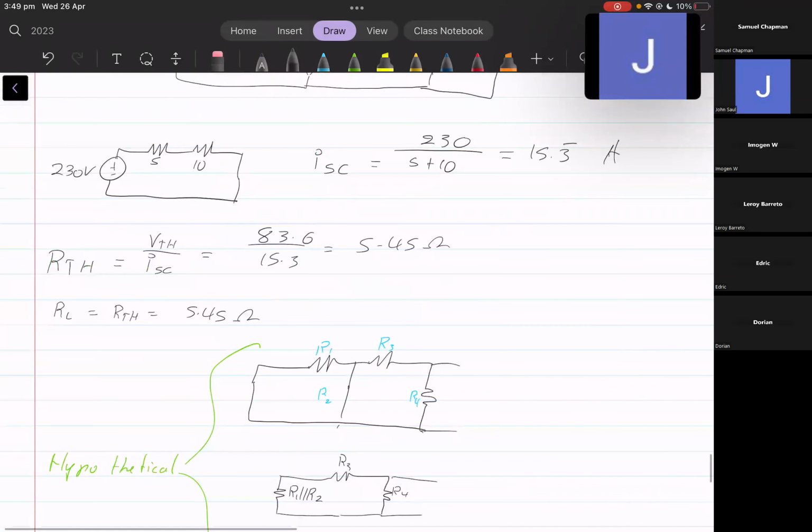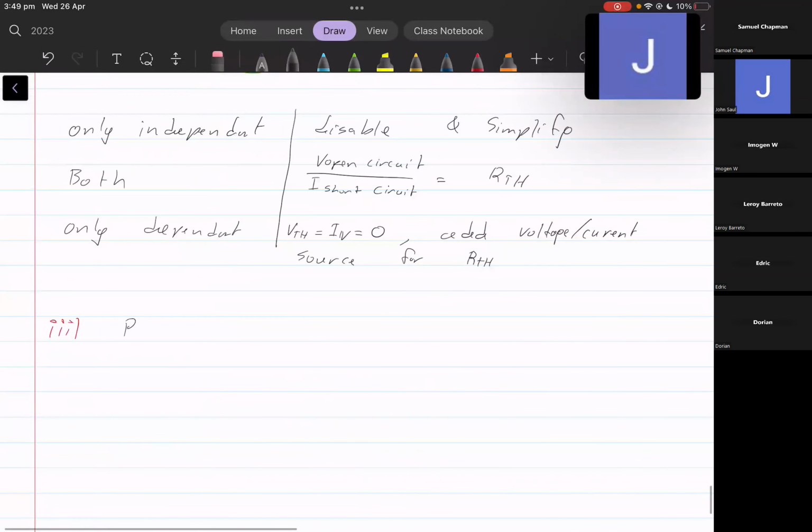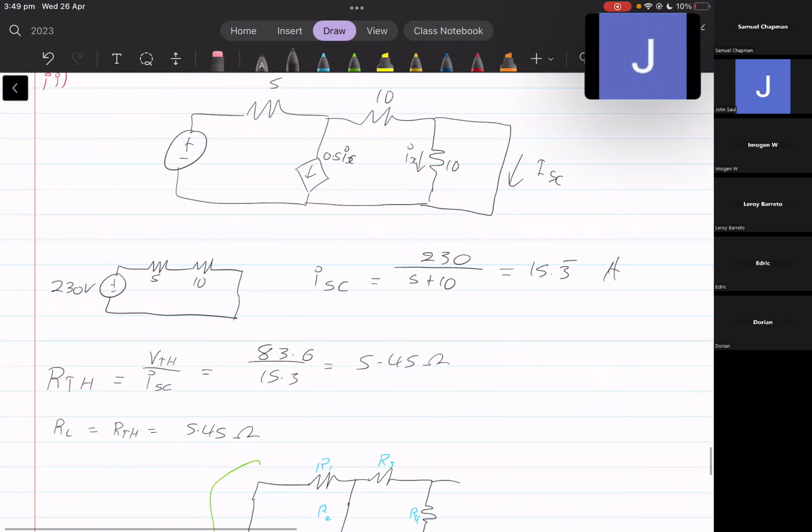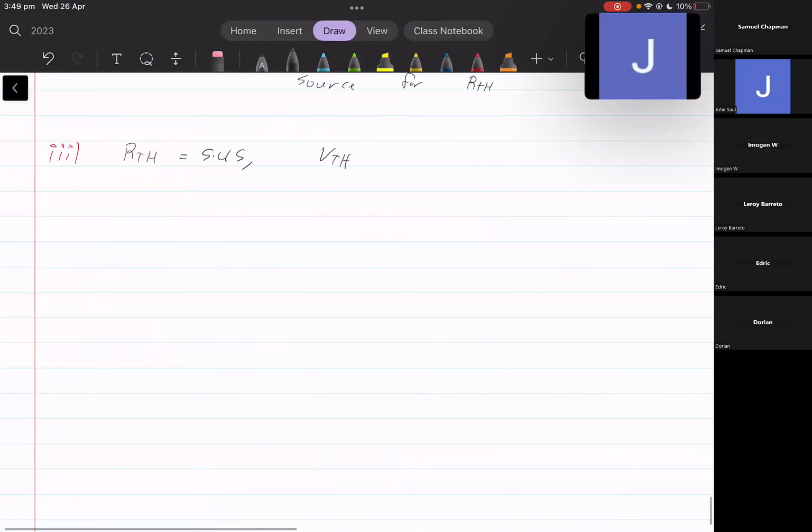So we had R Thevenin 5.45. I'll just do this one with the formula.